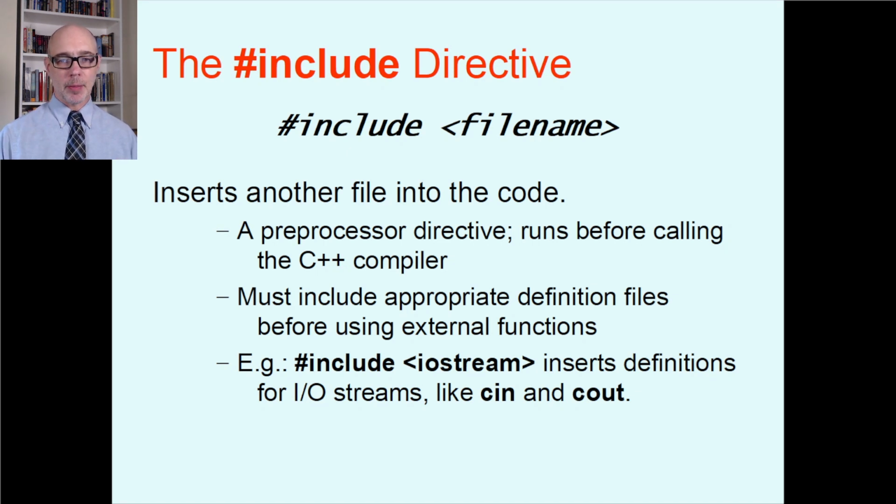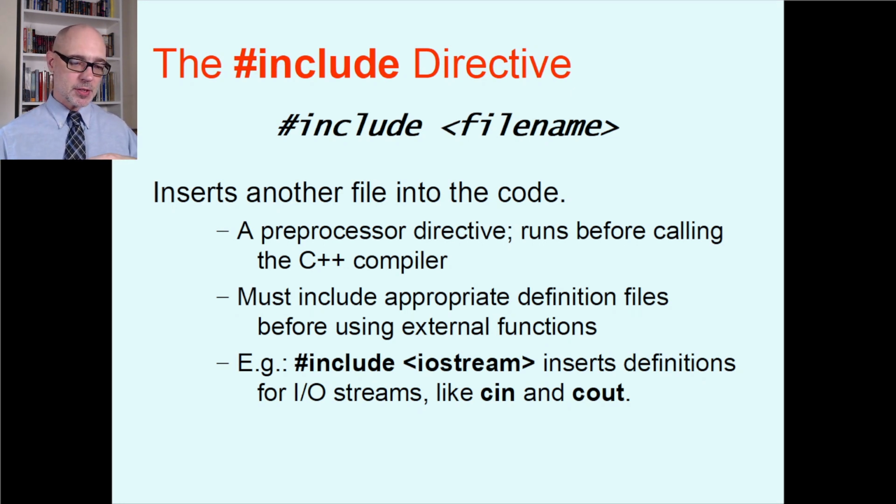You don't actually see that happen because it's all happening in memory as the compiler starts to run. Technically, that's what we'd call a preprocessor directive. There's this preprocessor that runs and modifies the code in memory before the compiler actually kicks in. And you've got to include appropriate definition files before using external functions.